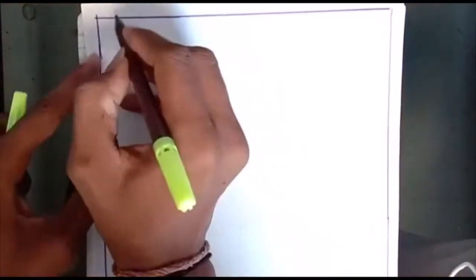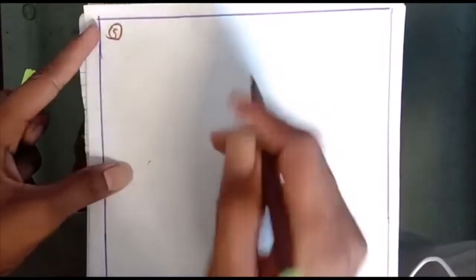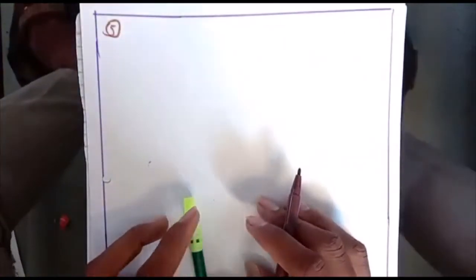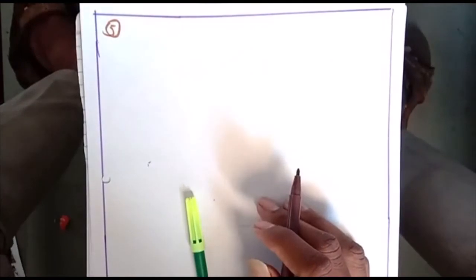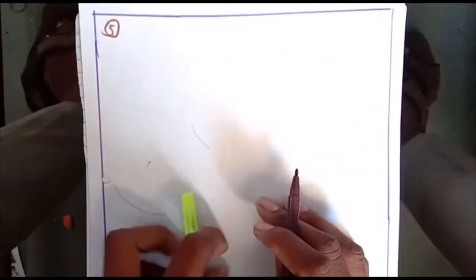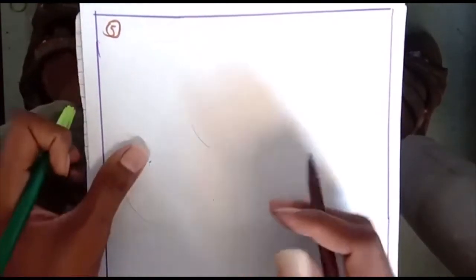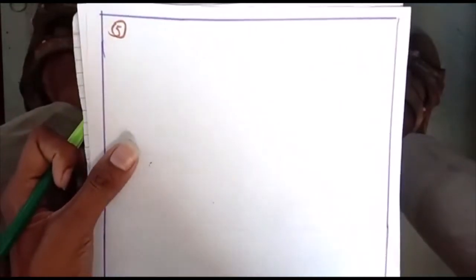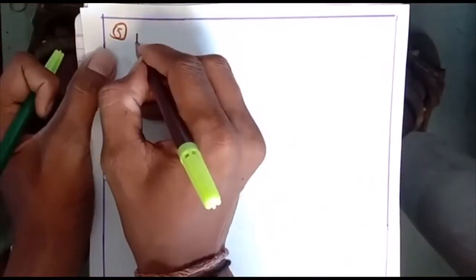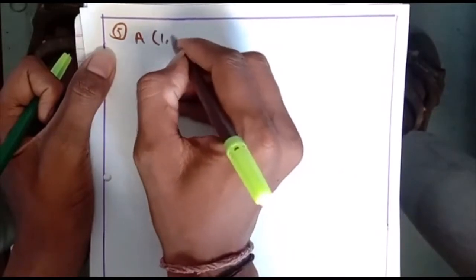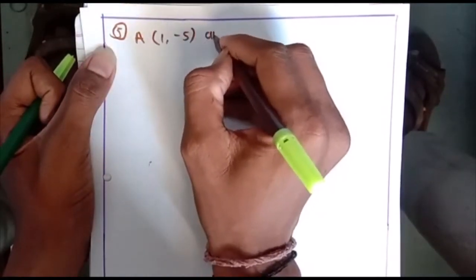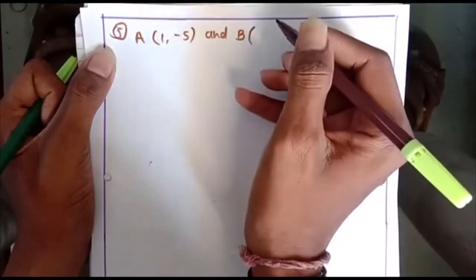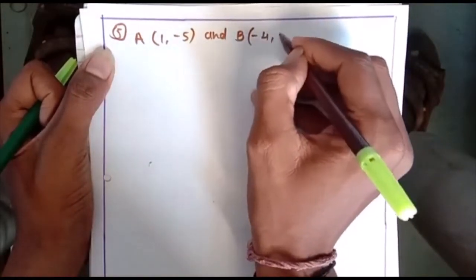Number 5, same example, but here the dividing point is not given, it is on the x-axis. So first I write the question. We have 2 points, A (1, -5) and second B (-4, 5).